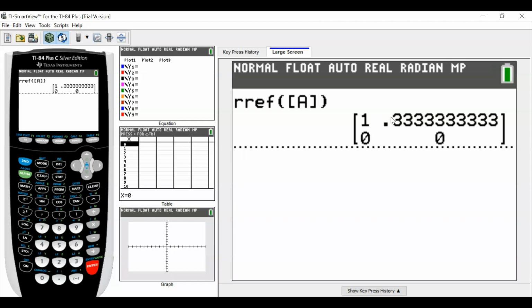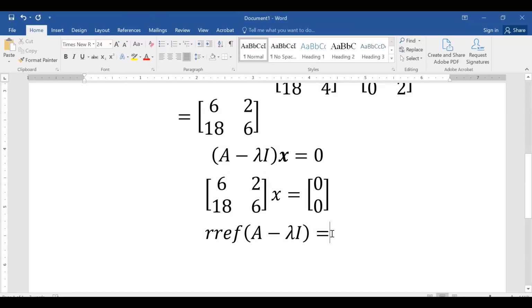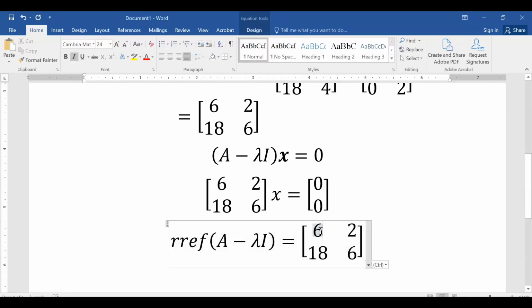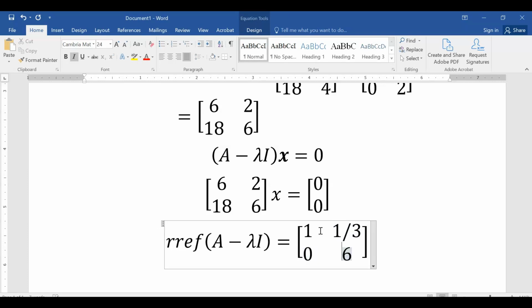And you'll get 1, 1/3, 0, 0. Okay? So the row reduced echelon form of this 2 by 2 matrix is 1, 1/3, 0, 0. And yes, this does have a free variable.